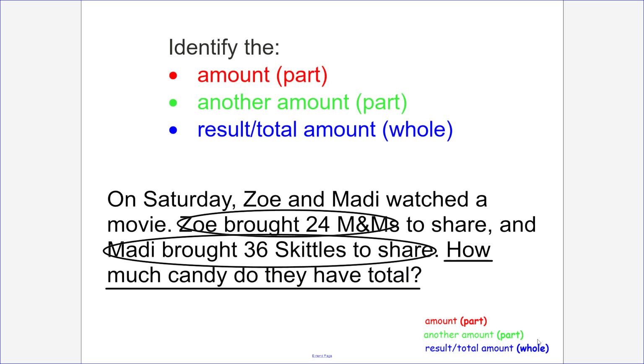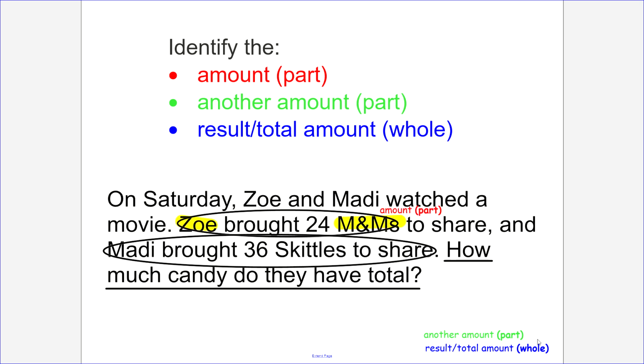What would be the parts or the amounts, and what would be the whole, the result, the total? On Saturday, Zoe and Maddie watched a movie. Zoe brought 24 M&Ms to share, and Maddie brought 36 Skittles to share. How much candy do they have total? When I look at that first piece of information, I see that Zoe brought M&Ms.